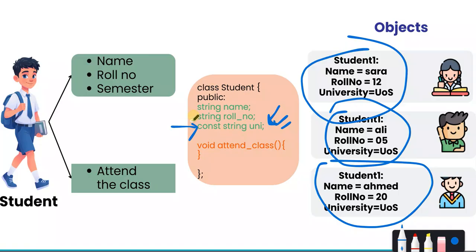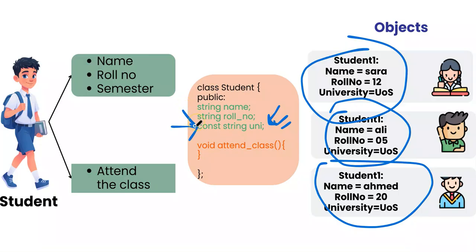Why? Because this was declared as a constant, and when any data member is declared as a constant, at the object level we can't modify it. So what we actually get is the exact copy, the exact value which is defined at the class level.